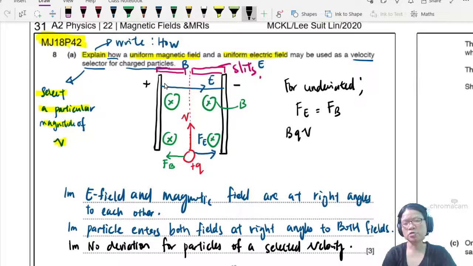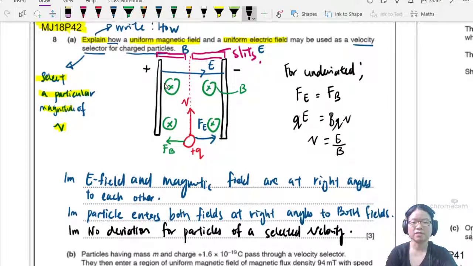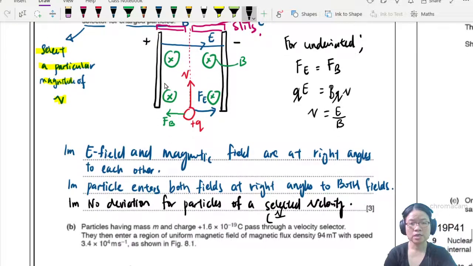Again, this is just to remind you in case you haven't watched that video yet. So this is BQV. Q and Q can cancel. You are left with V equal to E over B. So only particles of selected velocity, this selected velocity V, will be equal to E over B.